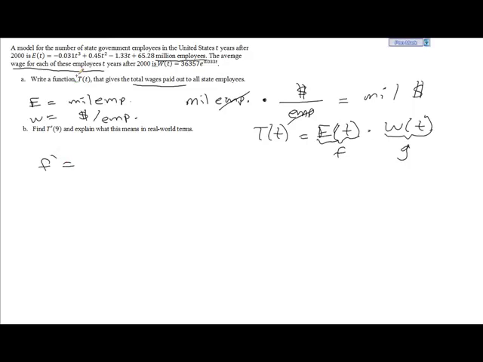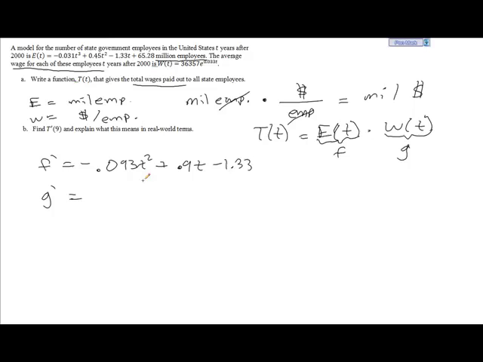So f prime is the derivative of our E of t, which is this guy here. And so if I do my power rule on that, I believe I get 0.093 t squared plus 0.9 t minus 1.33. Constant goes away.